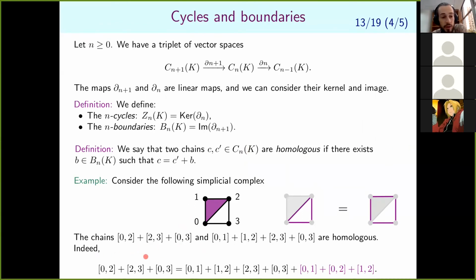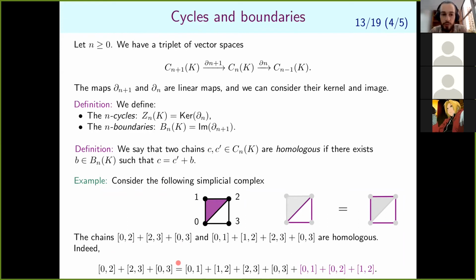First, I give you two chains that are homologous. The chain 0, 2, 2, 3, 0, 3, this one, and the chain 0, 1, 1, 2, 2, 3, 0, 3. They are homologous because if you take the second chain and you add this chain, which is the boundary of the two simplex, you have terms that cancel, and you end up with the first chain.